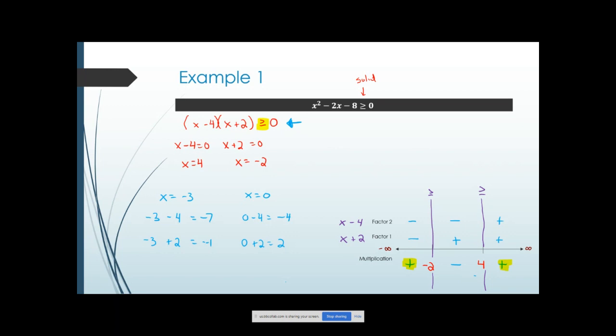So I'm looking for basically the left and the right and not the middle. So those are how you determine where your solution is. If it's greater than or equal to 0, then we're looking for the positive parts. And so then you read it off with your interval notation, basically the parts that are positive.